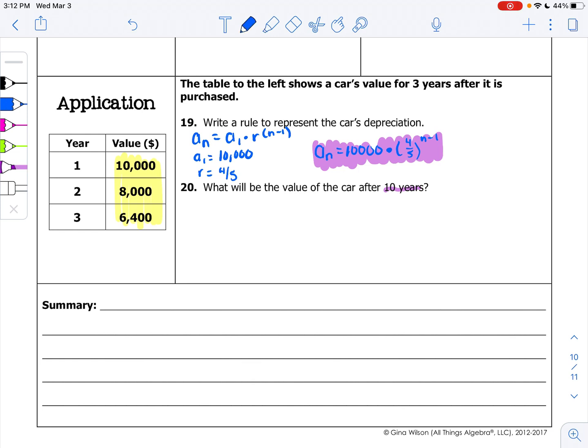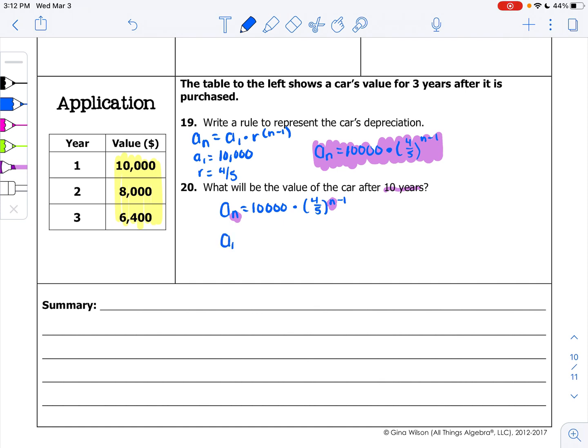So we're going to be using the rule A sub n equals 10,000 times 4/5 to the n minus 1. But we're going to be replacing our n's with 10 because it wants to know how much after 10 years.